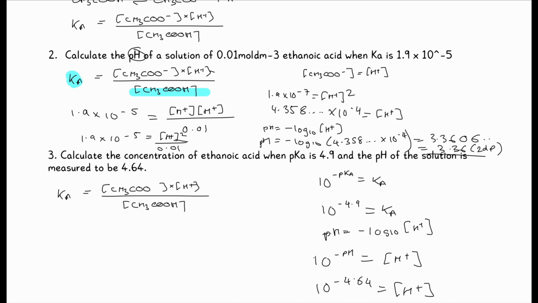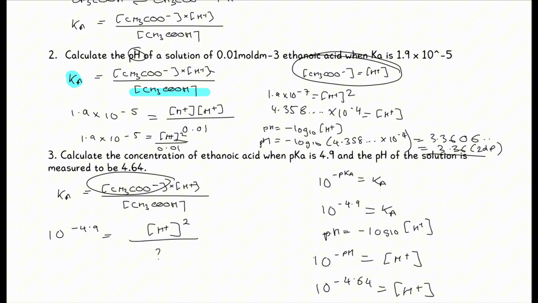Now we can start filling stuff in. So I've got 10 to the minus 4.9 here. I still don't know what this is, but remember, I still don't have my ethanoate ion concentration. So again, using that same rule, because no buffers are involved, the ethanoate ion concentration is equal to my hydrogen ion concentration. But remember, we replaced them both and they turned into the squared hydrogen ion concentration.